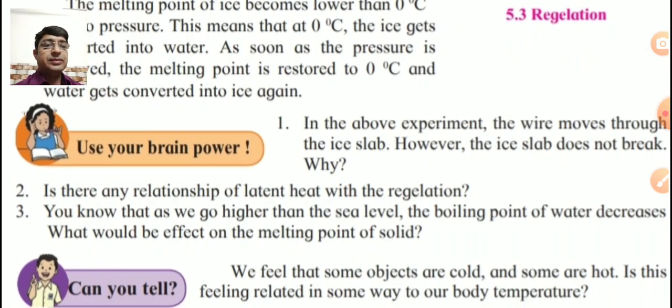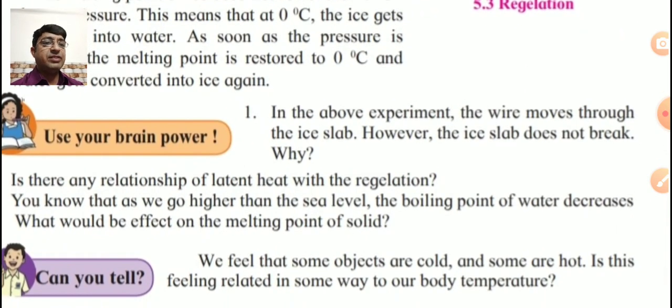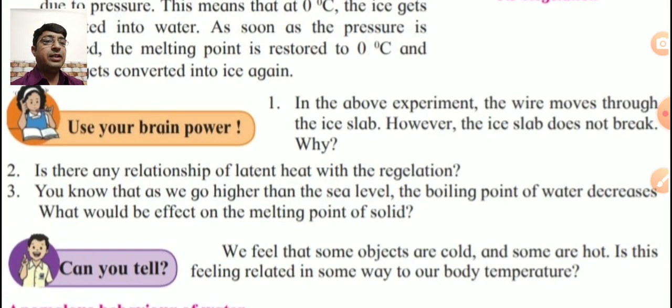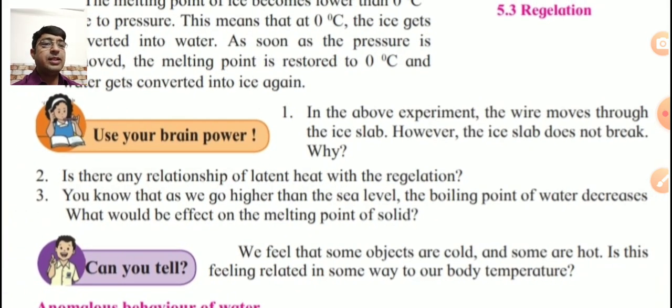Next one. Again, use your brain power. Some questions are given for us. In the above experiment, the wire moves through the ice slab. However, the ice slab does not break. Why? In short, the regelation process occurs there.